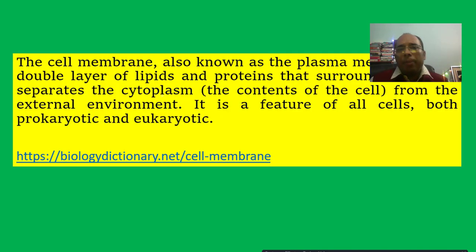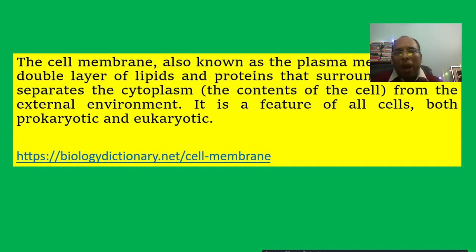Now, what is the cell membrane? You can easily explain that. The cell membrane is also known as the plasma membrane, that is made from a phospholipid bilayer, and we can find different types of proteins. For example, integral proteins, peripheral proteins, transmembrane proteins, channel proteins. They are floating in the cell membrane like icebergs in the ocean.